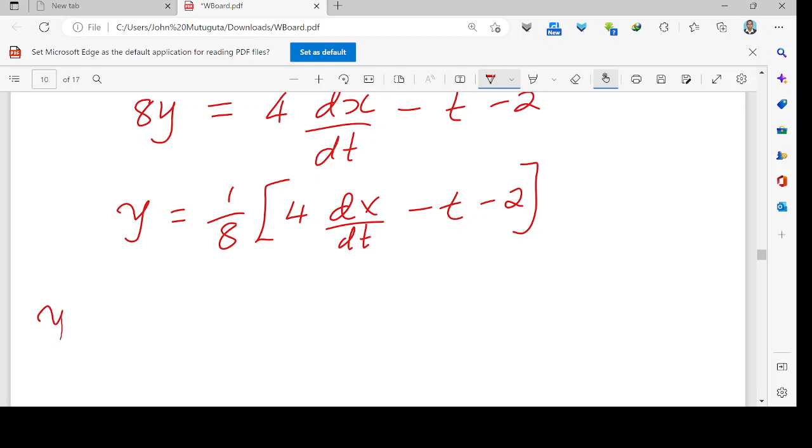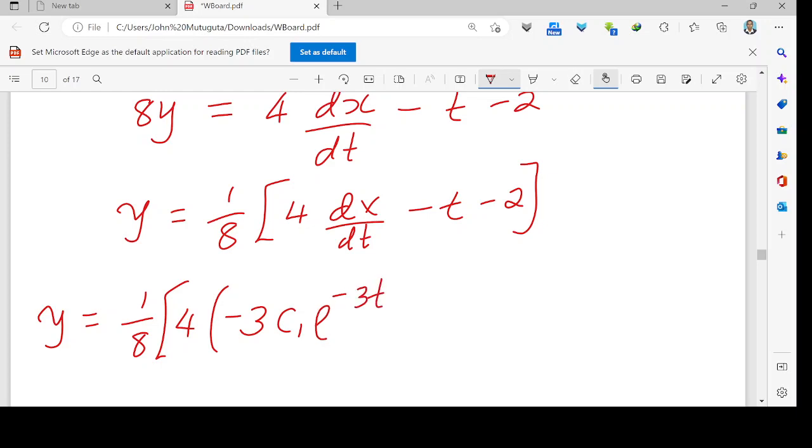So I'll get y is equal to 1 all over 8, 4 into the derivative, minus 3 c1 e raised to power negative 3t plus c2 e raised to power t minus 1 all over 3, then minus t minus 2.